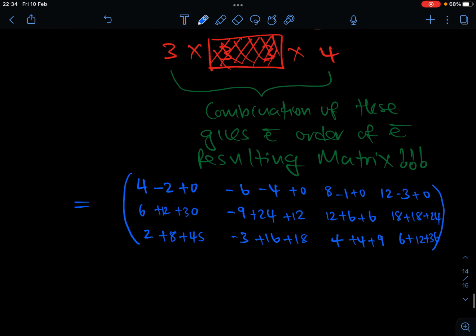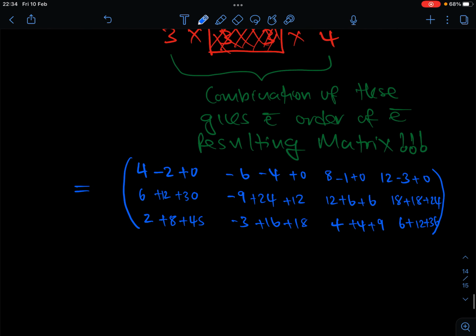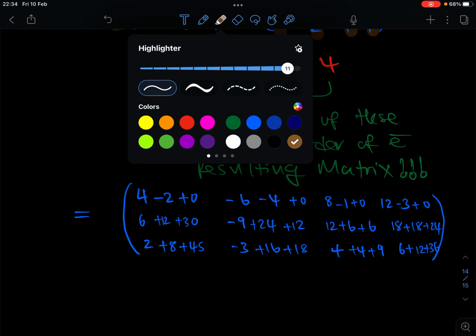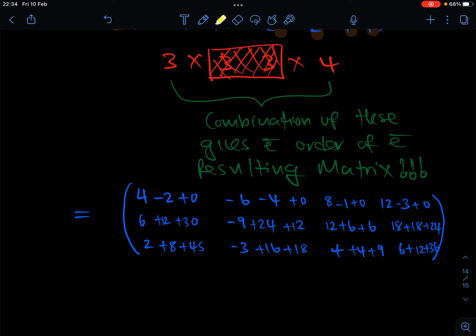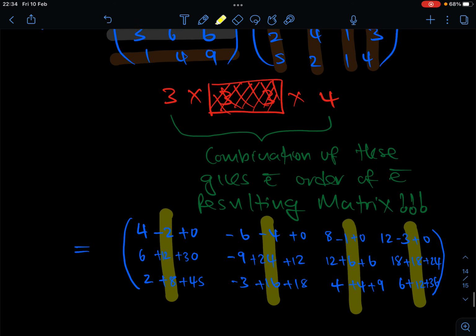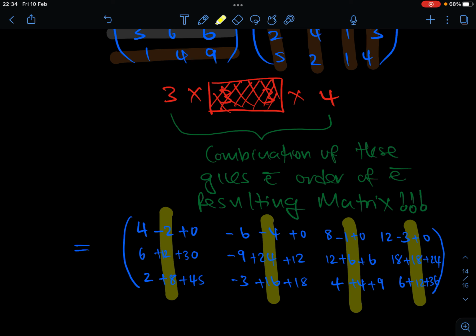But without even wasting time on simplifying this, one thing that we can see for sure is that if you come now and check the things that we have been calculating, let's just highlight some things. You will see that we have 1, 2, 3, 4 columns, which is what we expect according to that red indicator there. We expect to have 4 columns in our final matrix.